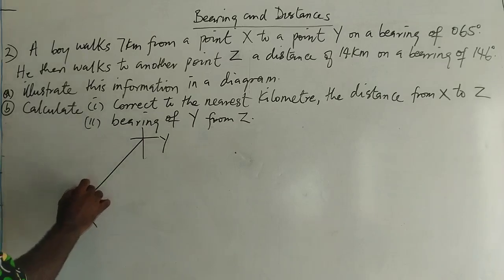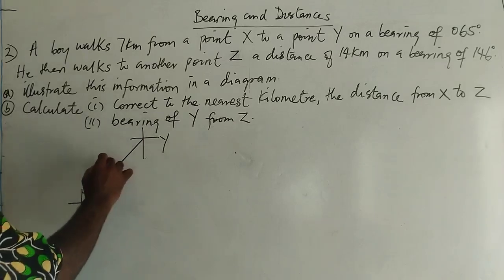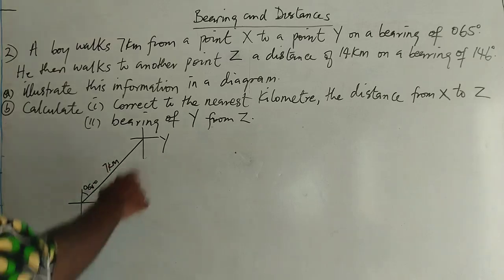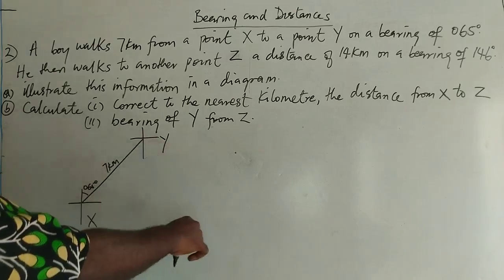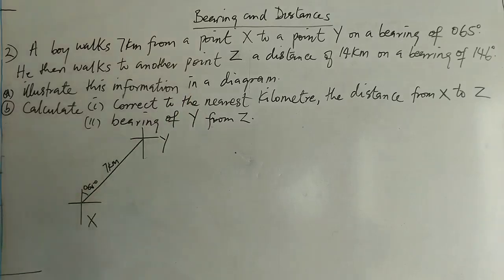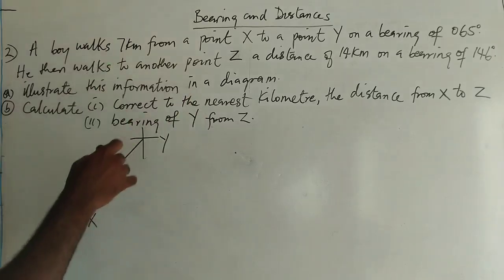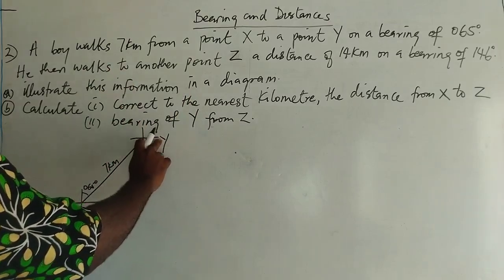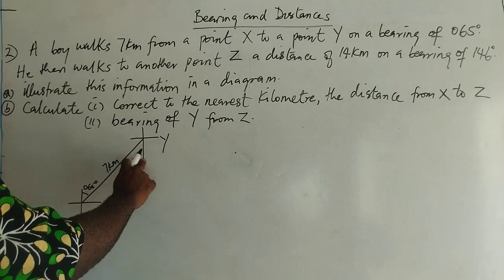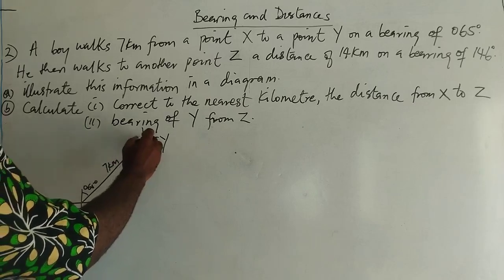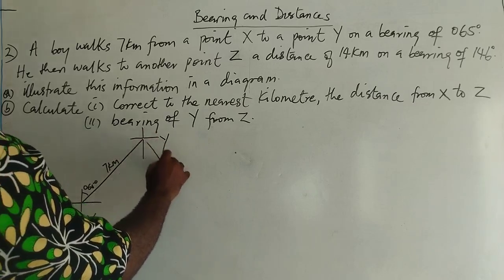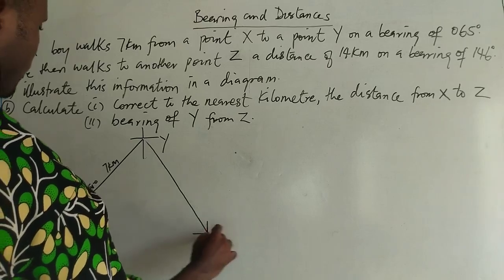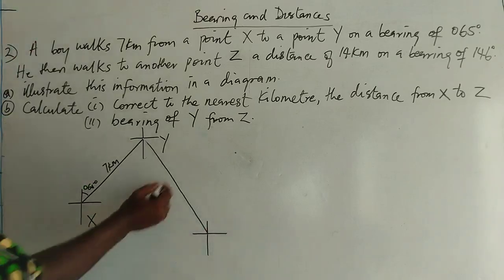The angle is 065 degrees and 7 kilometers the distance. And it says from this point Y, it moved to another point Z, 14 kilometers on a bearing of 146. So 146 has passed 90, but it has not reached 180. So it will come out toward the southeast. This line will be longer than the first one because it is 14 kilometers.